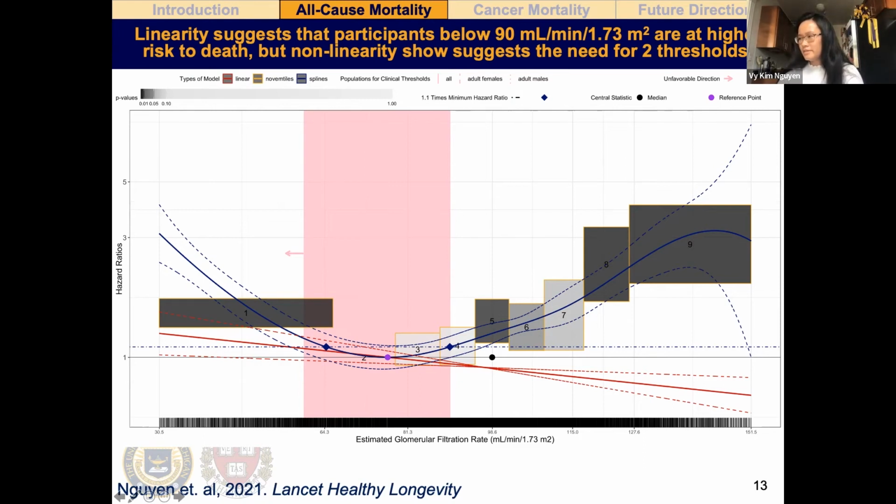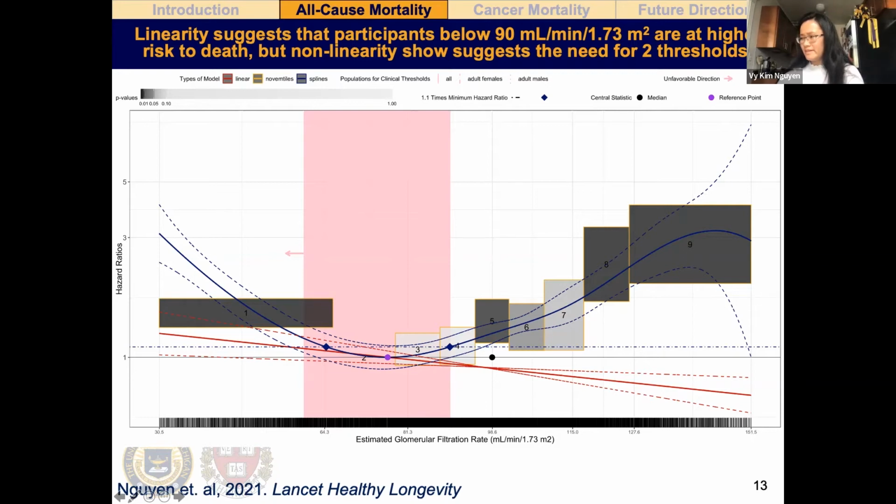And you don't want to be below 90. An interesting thing we found in the 11-tile model is that when you're below 90, you're at an increased risk for mortality of about 70% compared to this range right here.